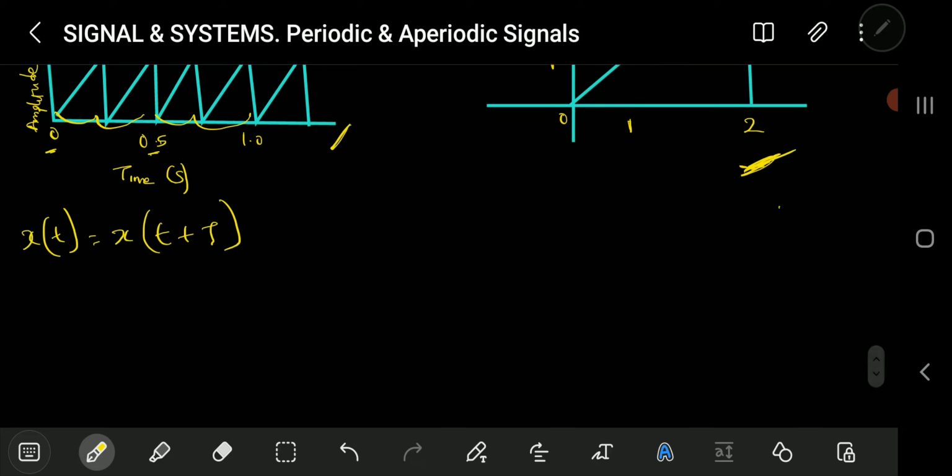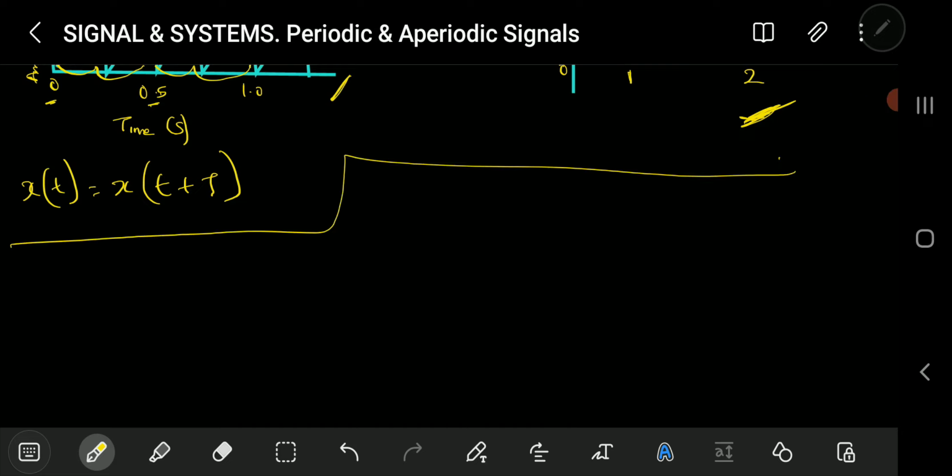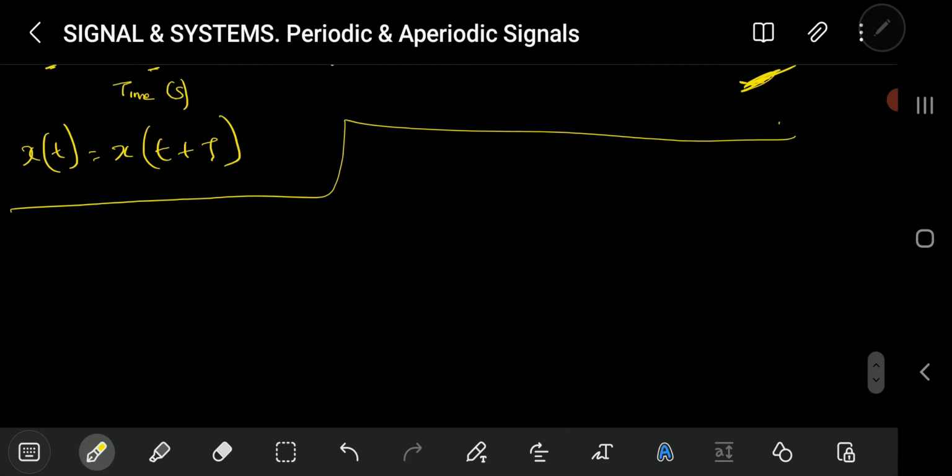Now let me also add this. Suppose we have a question under periodic and aperiodic signals. Let's say x of t equals 5 sine 2 pi t. Sorry, my handwriting is bad.